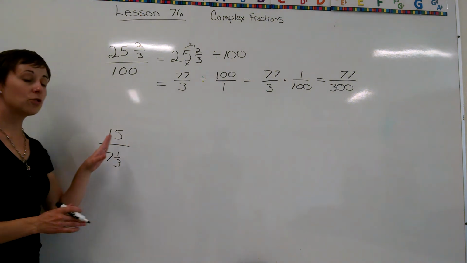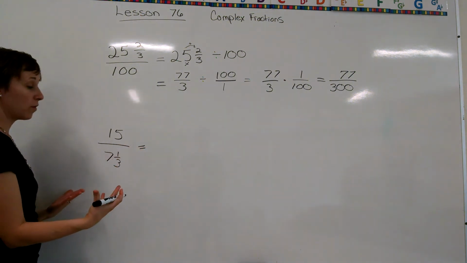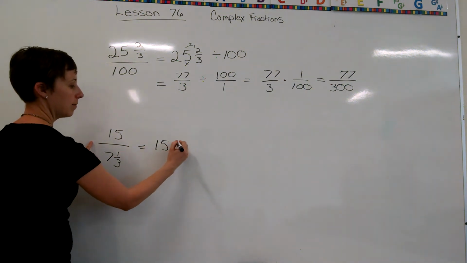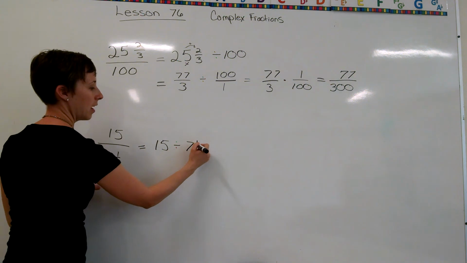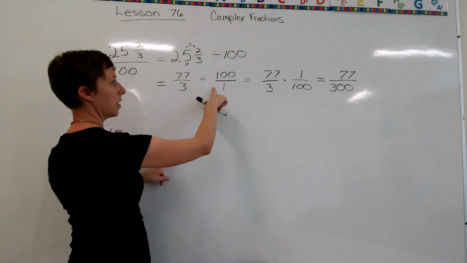Alright, if you're watching now, you should have already tried this problem on your paper. Here's what you should have written. 15 divided by 7 1/3. We're going to use the same strategy we used up here.